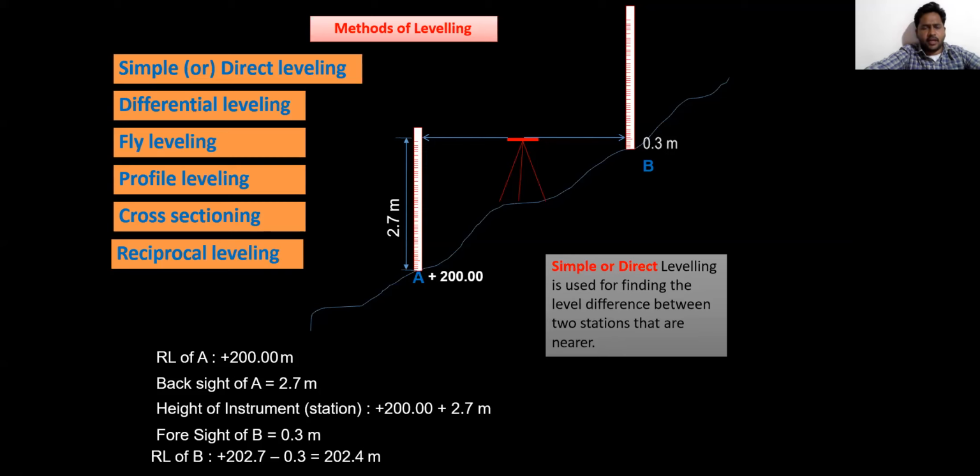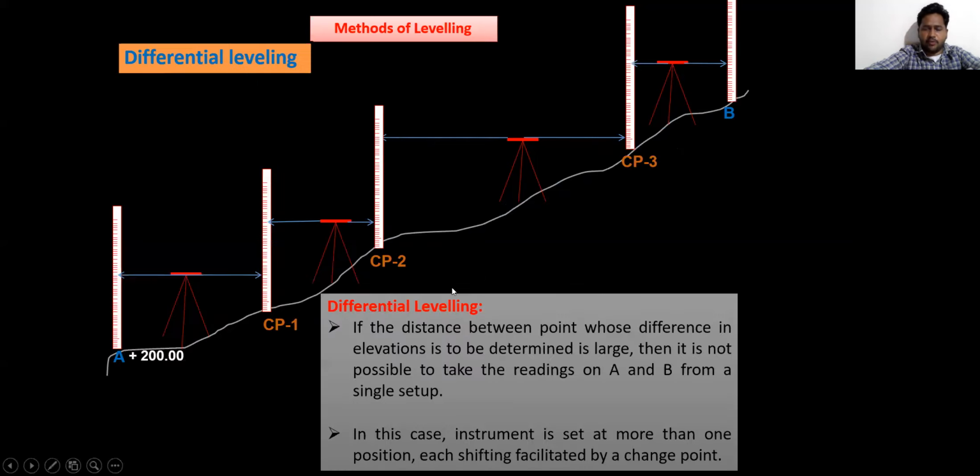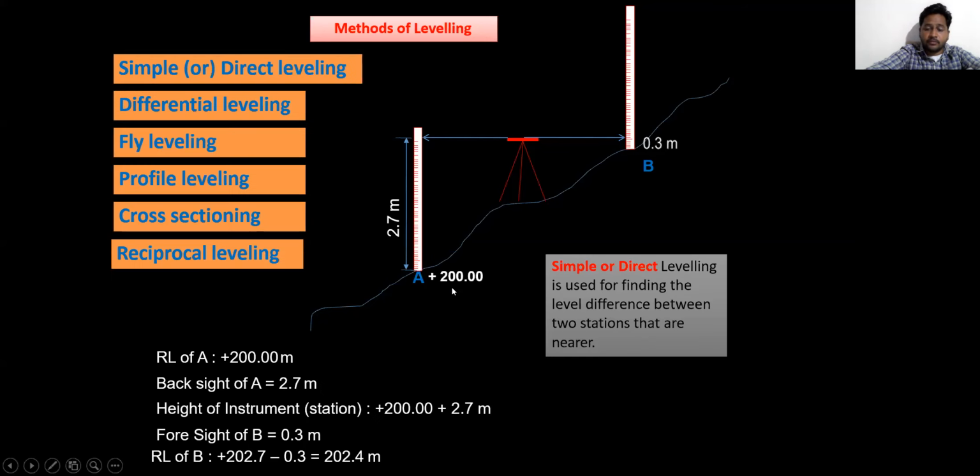If you are conducting any such survey, that is called simple or direct leveling. So this is the benchmark, the RL, reduced level of A, is 200, and with reference to this, the backsight is 2.7 meters.